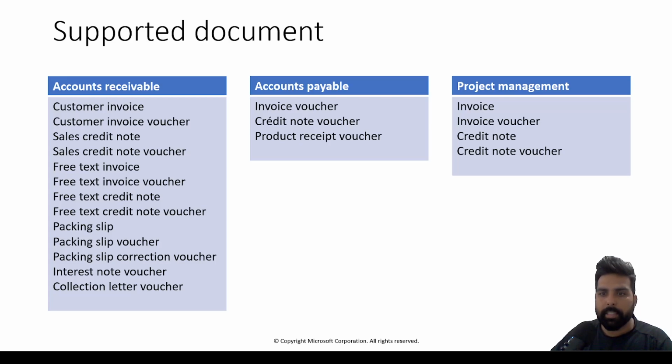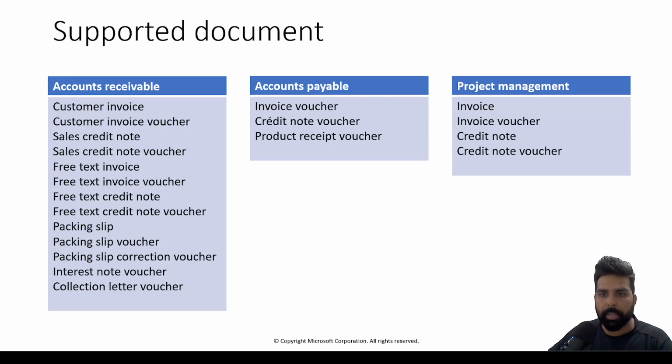But the voucher against that invoice is generated within Dynamics 365, so we can control that. Product receipt voucher, when we post the product receipt against the purchase order. And then you have number sequences for project management for both invoice and the credit notes. Right, so these are the different documents for which this chronological number sequence order is supported in Microsoft Dynamics 365.